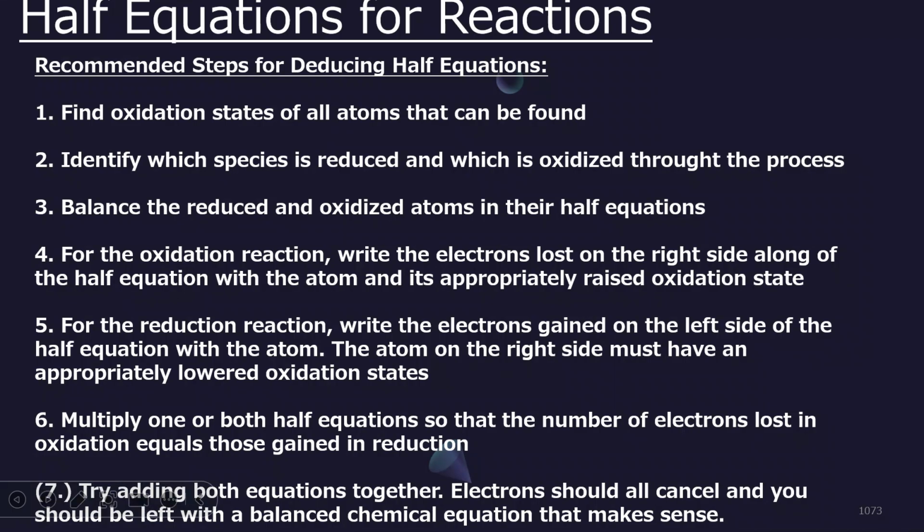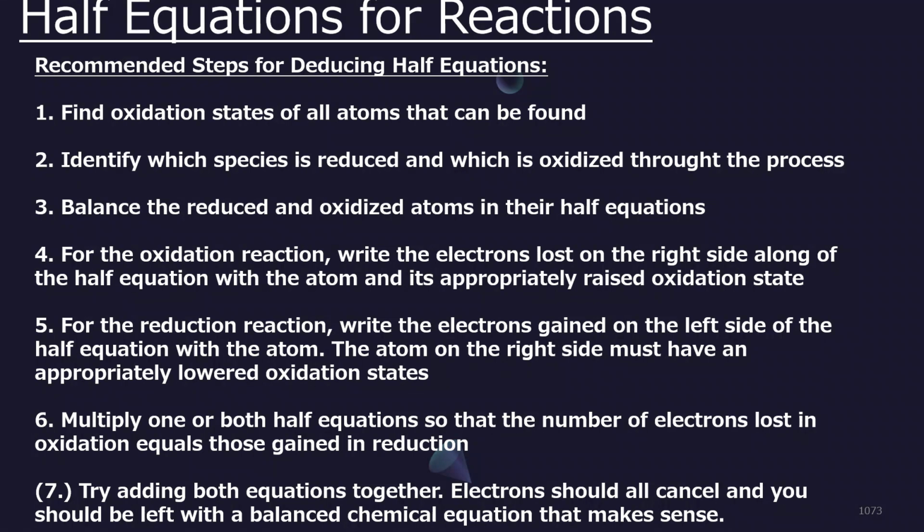Okay, third, balance the reduced and oxidized atoms in their half equations. And 4 and 5 sort of go together with this. For the oxidation reaction, write the electrons lost on the right side and make sure that the atom which is losing them has an appropriately raised oxidation state.